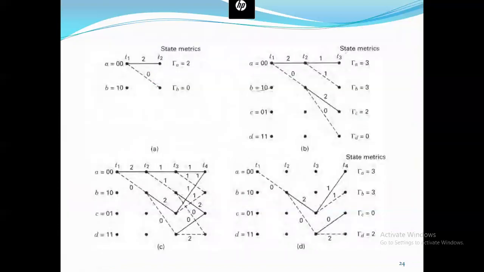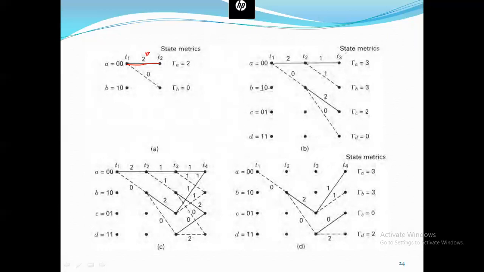For example, we have the 0 0 state, and we move to the 0 0 state, then we get the output 0 0.